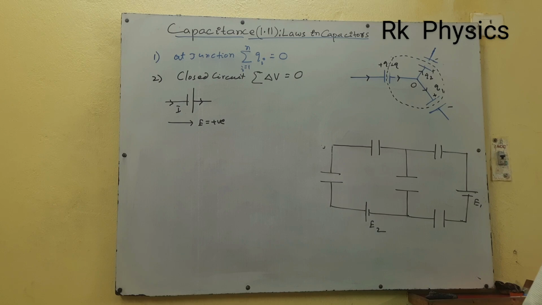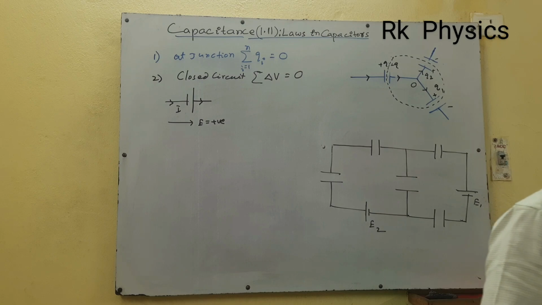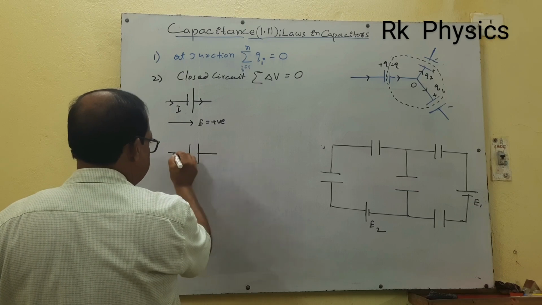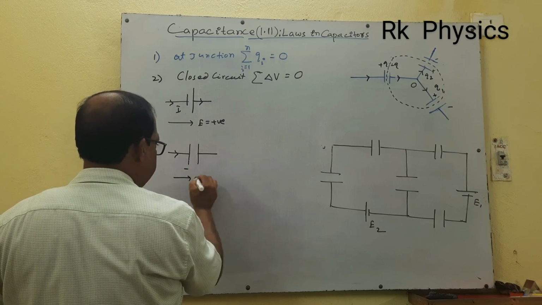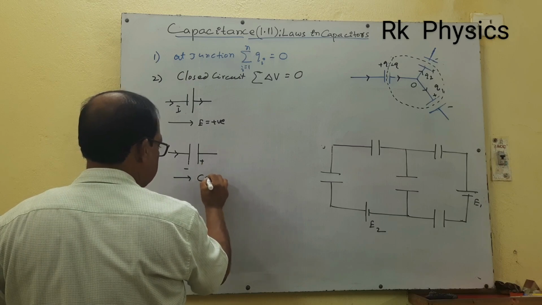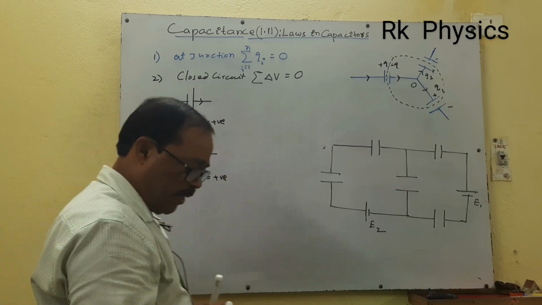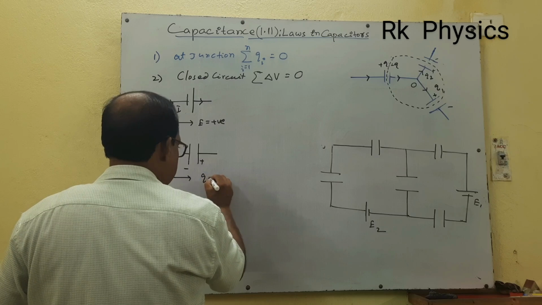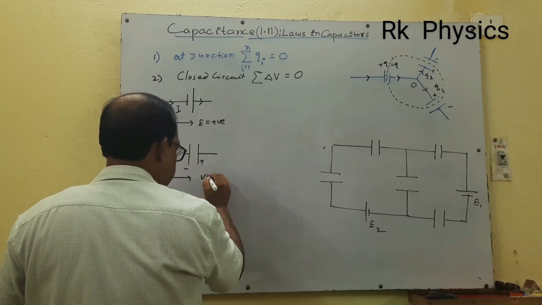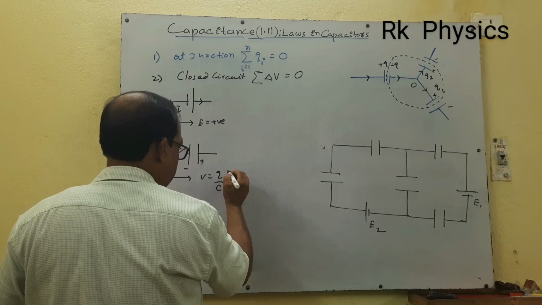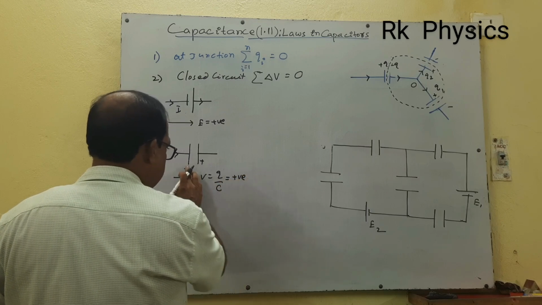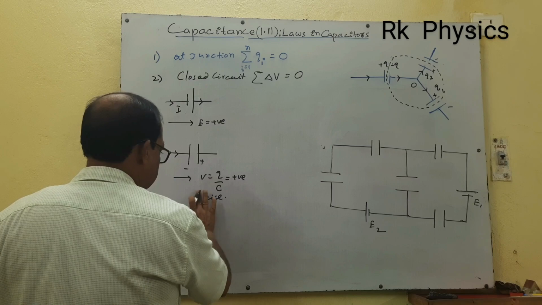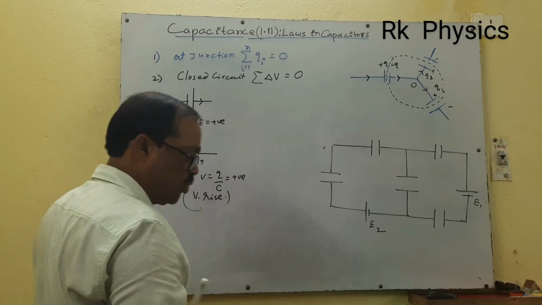Then another is for capacitance. If it moves from negative plate to positive plate, you can take V equal to Q divided by C as positive, and this is taken as a potential rise.